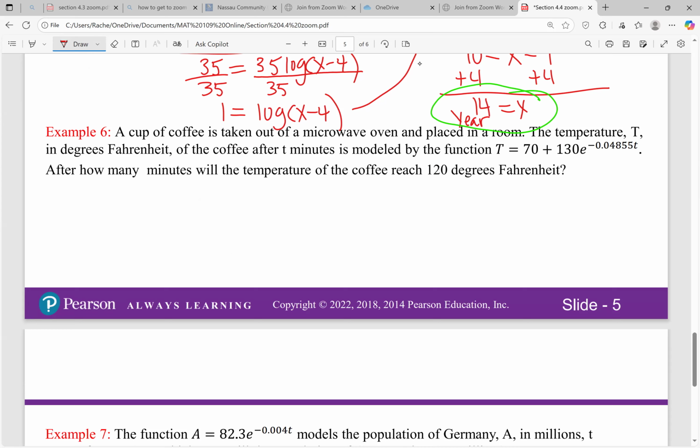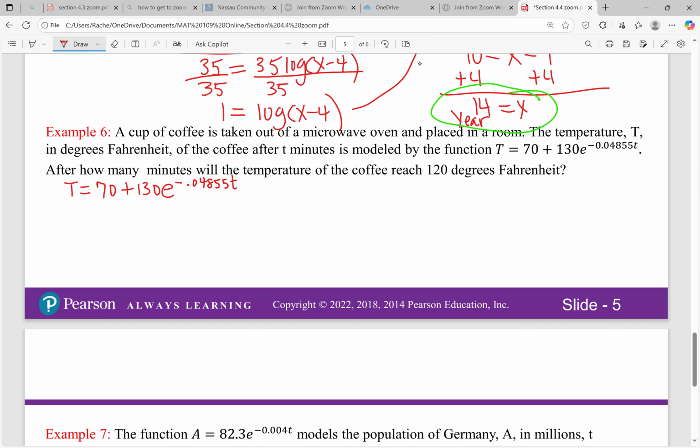So this function, T equals 70 plus 130 times e to the negative 0.04855t, models the temperature of the coffee as a function of how much time has gone by after it's taken out of the microwave.